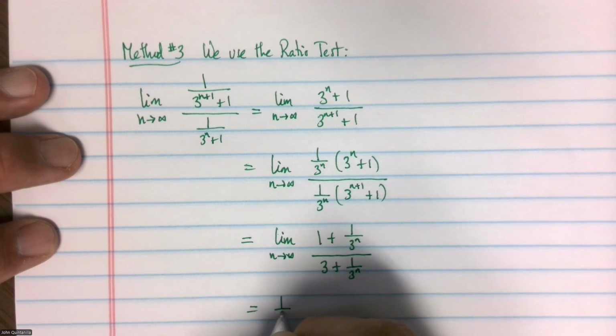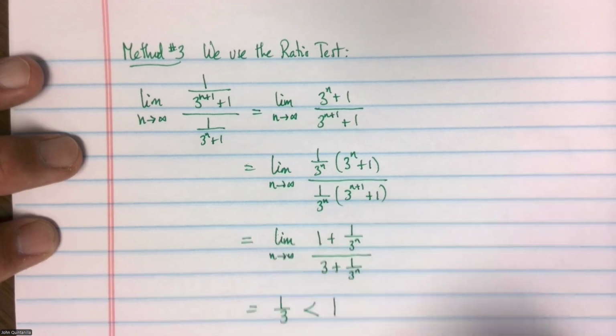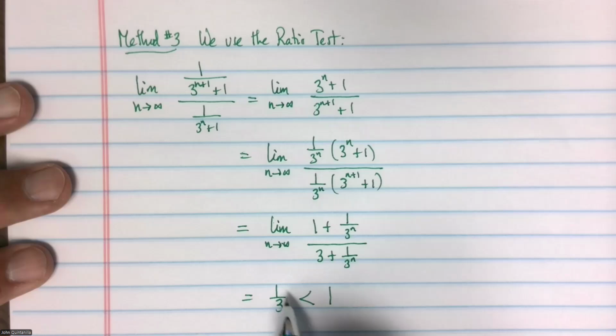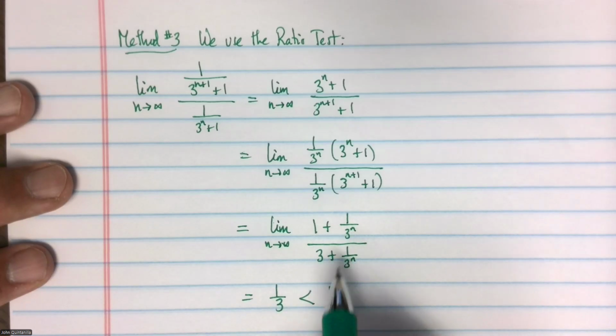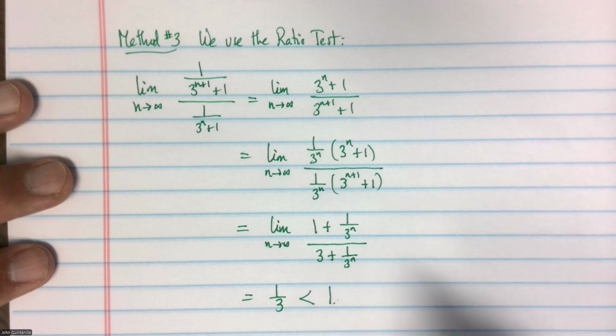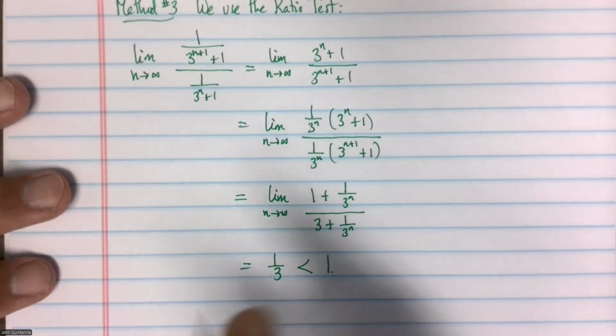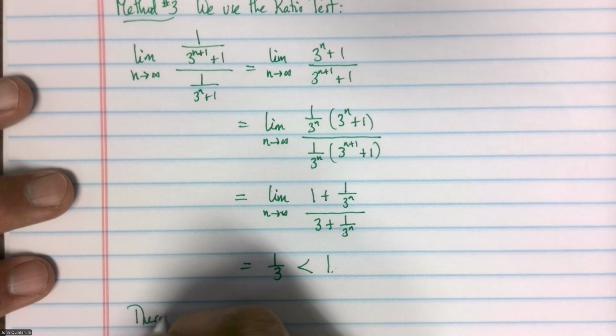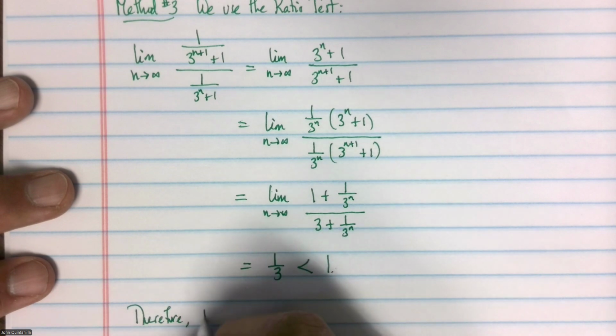So this goes to 1 plus 0 over 3 plus 0, and that's equal to 1/3, which is less than 1. So this limit is less than 1, and therefore the series converges.